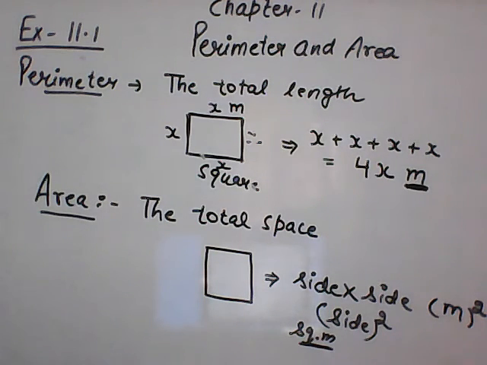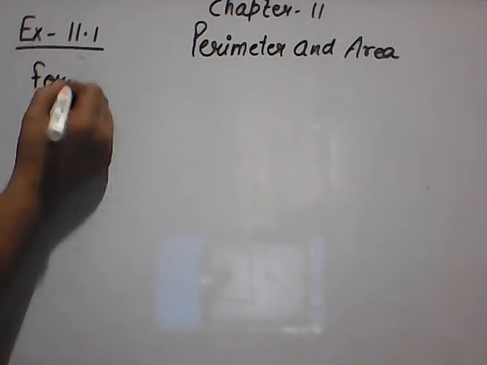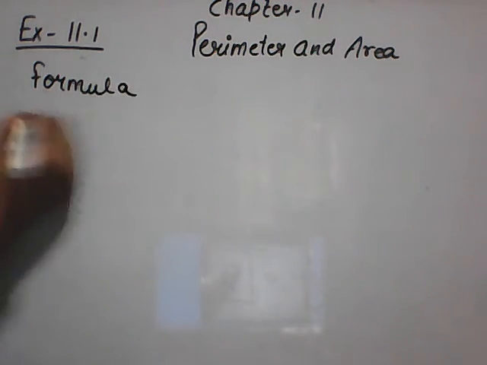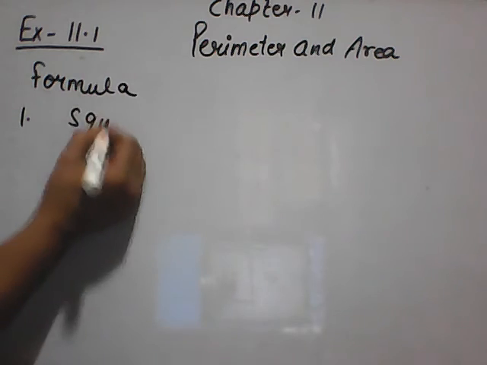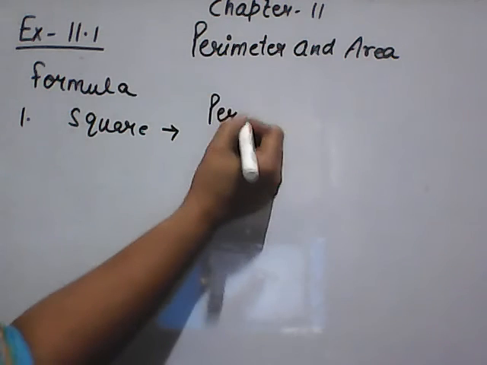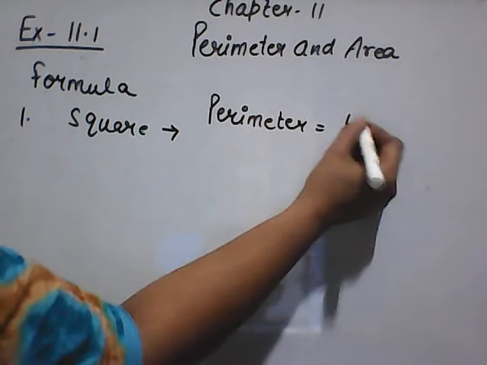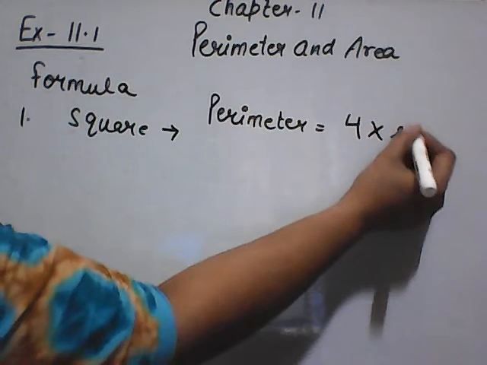Let's learn some important formulas related to perimeter and area of different figures. Now, first figure is suppose square. The formula for finding perimeter of a square is 4 multiplied by side.